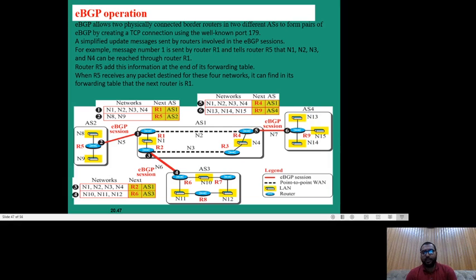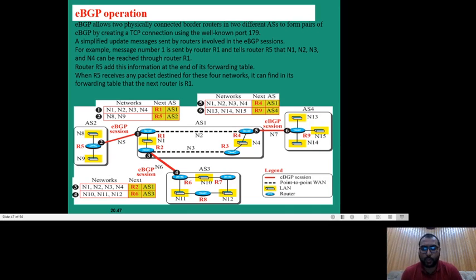Now let's see one by one the operation of eBGP. Here, as I said, 4 autonomous systems are connected through different routers: router 1, router 2, router 4, and router 6, and similarly R5 and R9. On top of those, eBGP will be running. By running we mean it will maintain its routing table.